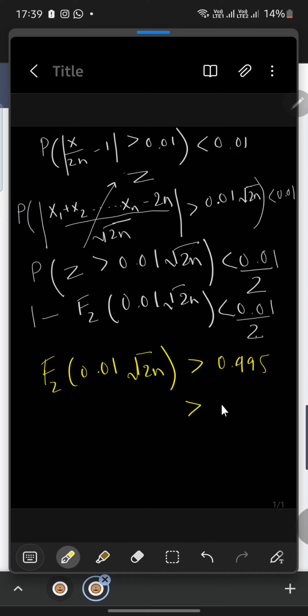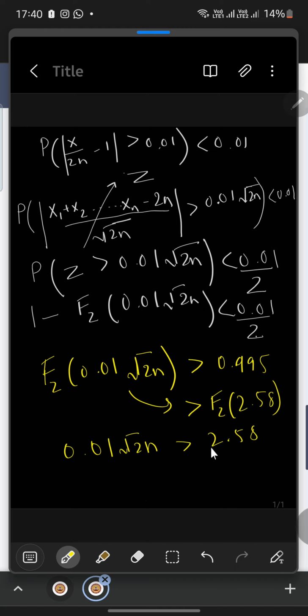Now from this we can find the value of 0.995 from the normal table, and this would actually be equal to F of Z of 2.58. We got this from the normal distribution of 0, 1, right? So we will compare these two values. 0.01√(2n) is greater than 2.58.